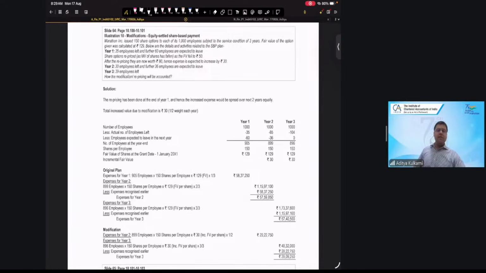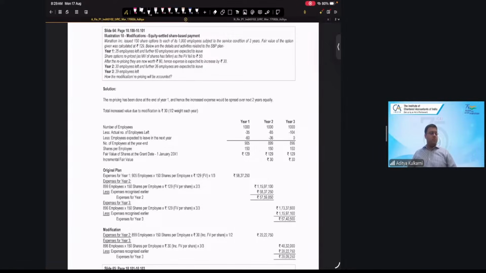So the original plan will continue to be accounted for in the usual manner over the original vesting period. The modification is treated as a new plan, and the incremental fair value, if it is positive, will be spread over the remaining vesting period on a straight line basis.